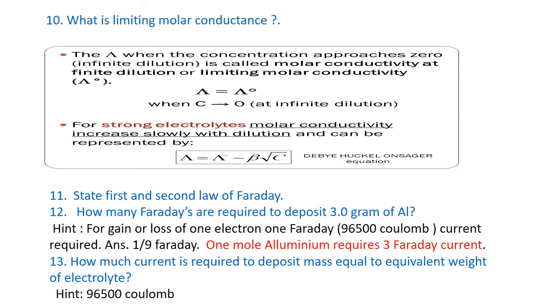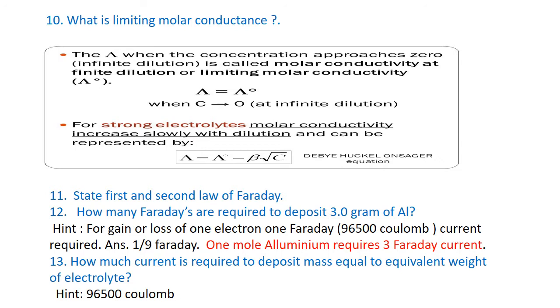Question number 12. How many Faradays are required to deposit 3 grams of aluminium? You have to remember, in the balanced equation, if 1 electron is used, 1 Faraday of current is used. If 2 electrons are used, 2 Faraday of current is used.